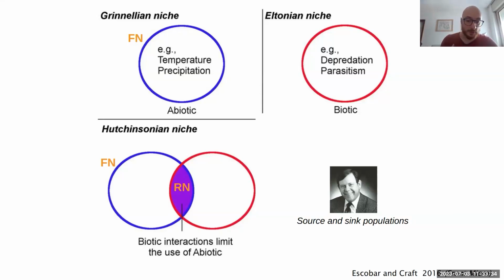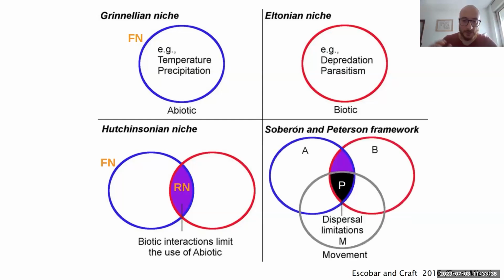Thus, based also on his studies, Soberón and Peterson proposed a new framework called the biotic abiotic movement framework, the BAM framework, identifying the areas where a species occurs as the intersection between the abiotic and biotic conditions, so the realized niche in the Hutchinsonian niche concept, and dispersal limitation, which define the place where species occur.